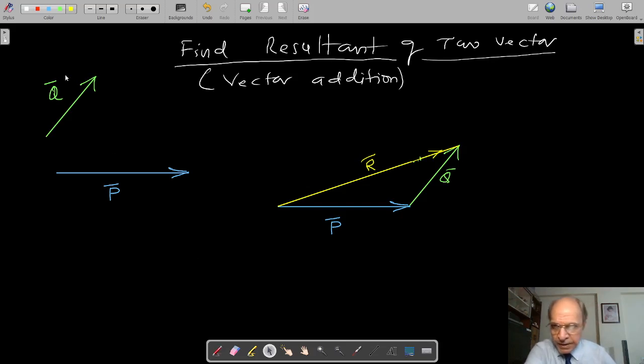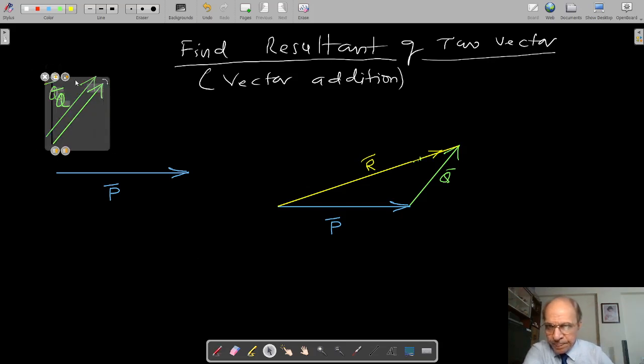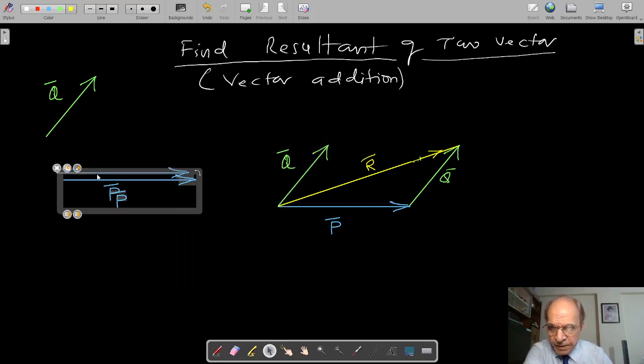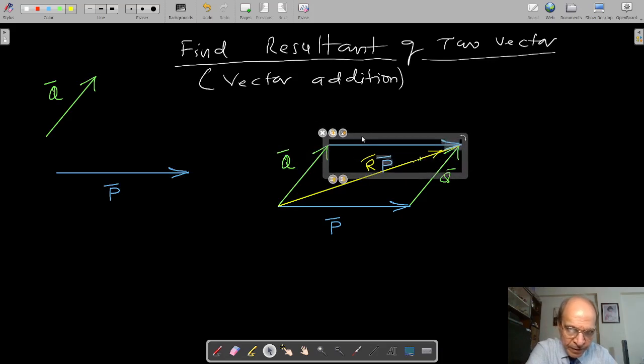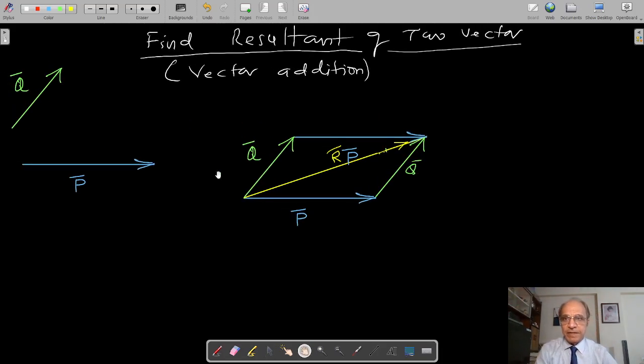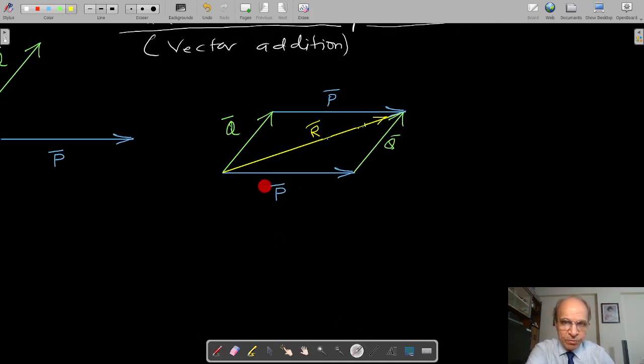I can also start with Q from the same place and add P into that. So ultimately, finally I will reach the same place. This is P. So let me delete this P from here. So these two vectors are known to me, P and Q, and my aim is to calculate R, what will be the resultant vector.